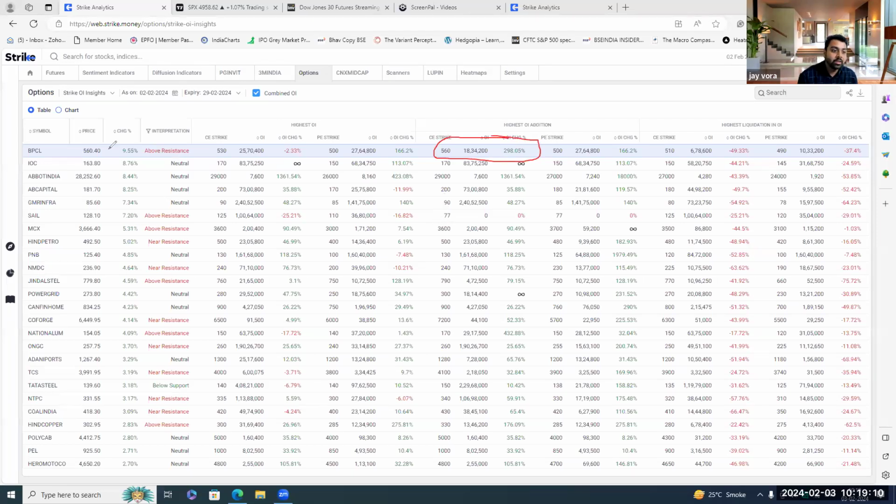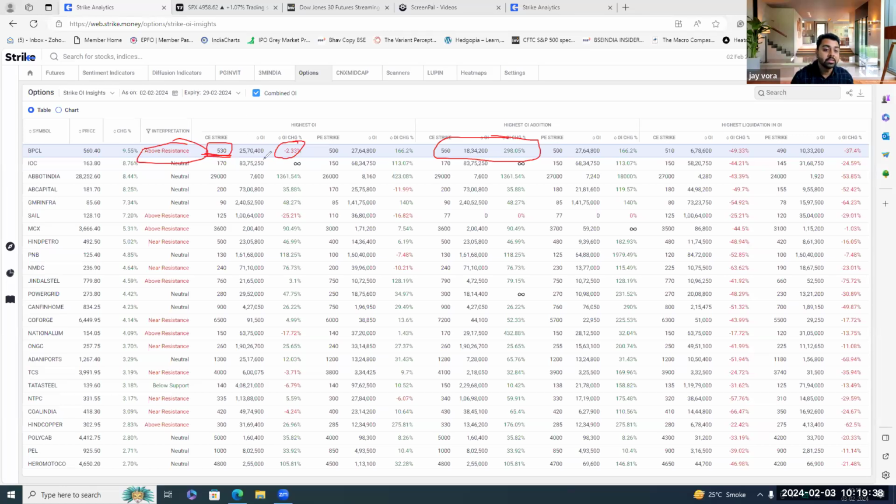Generally, if the price is above the resistance, which is above the highest call OI strike, you will usually see that the OI is getting unwound. That is because the sellers are now trapped, because the prices are above the strike price.